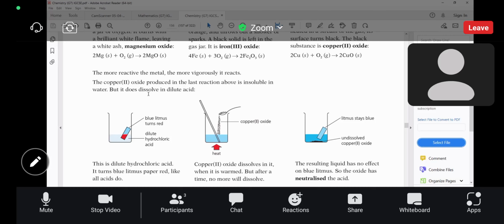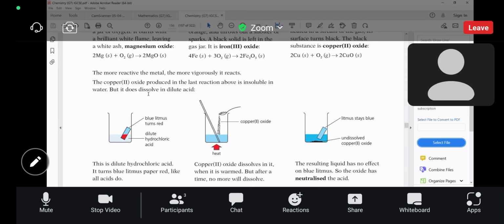Okay. Now, if you take this copper oxide and dissolve in water, it will not dissolve. So, it is insoluble in water. Some substances don't dissolve in some solvents.